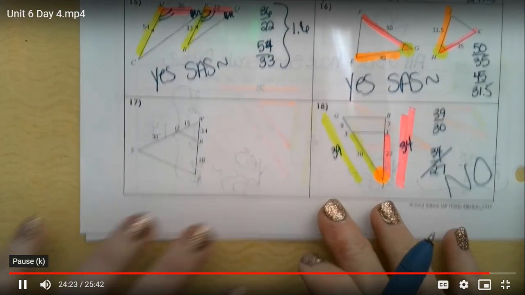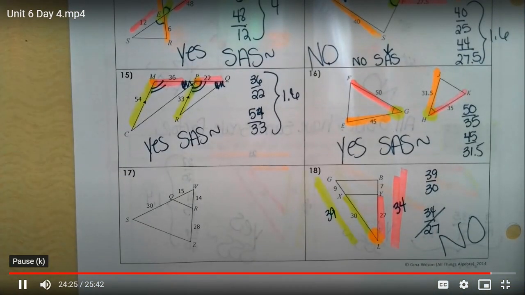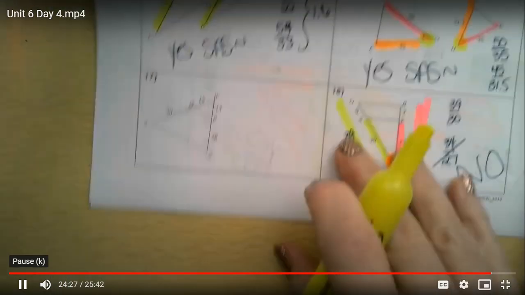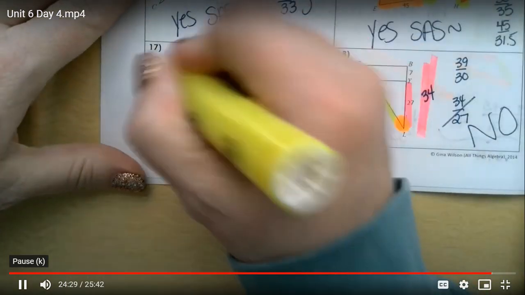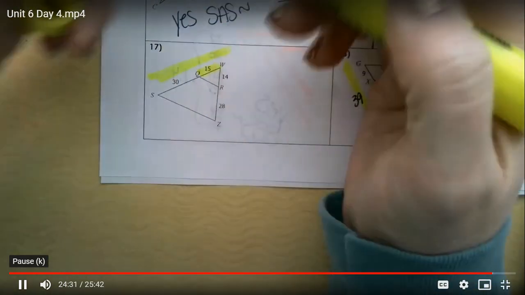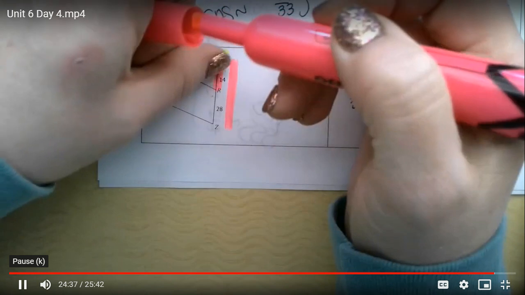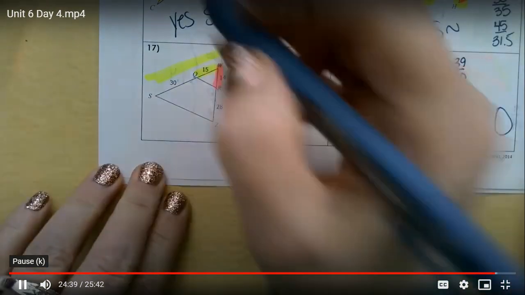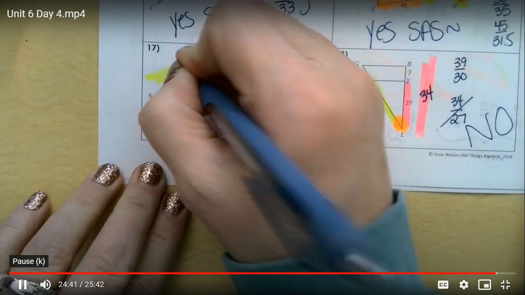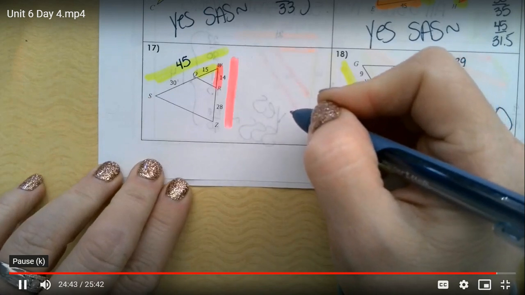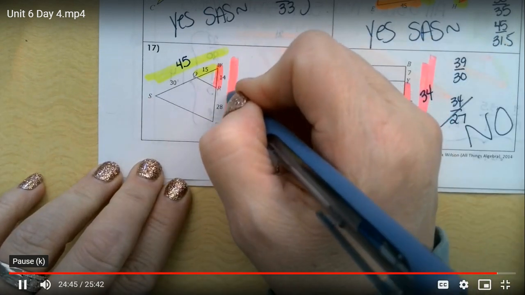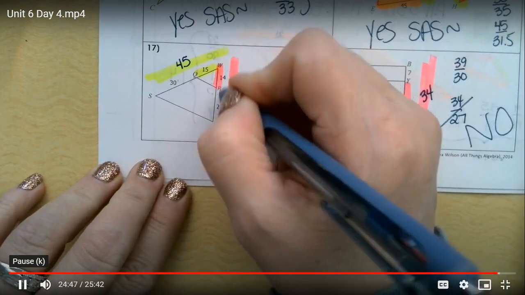And then just once again showing you, this one ends up being a yes. You can look at it if you want to. Those go together. And those go together. So 15, this would be 45. The 14 goes with a 42. So you add these pieces together.